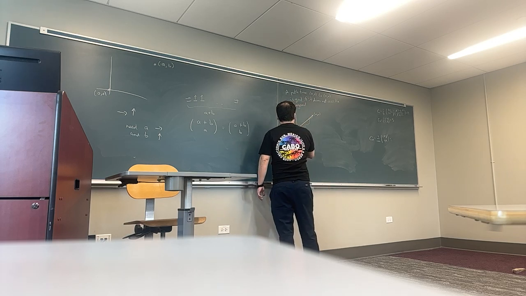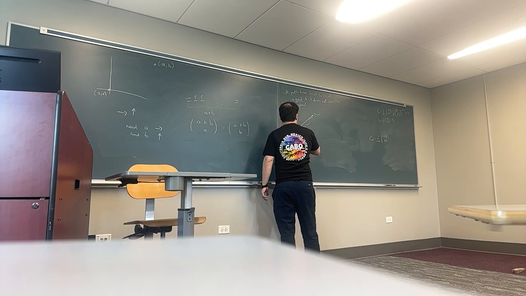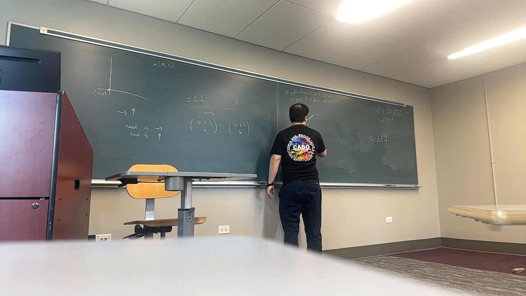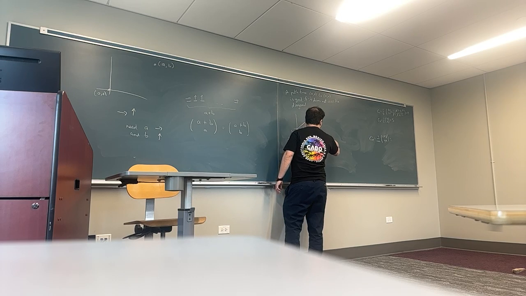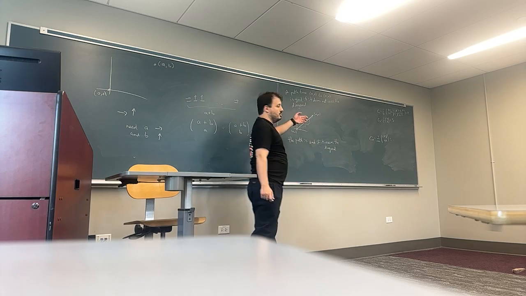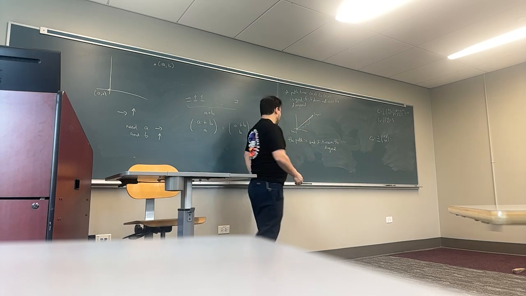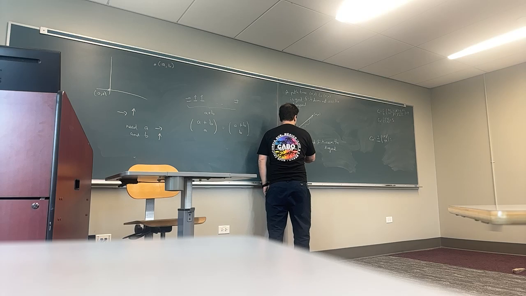And we'll say the path is bad if it crosses the diagonal. So our goal is to find the number of good paths, right? So Cn is the number of good paths.